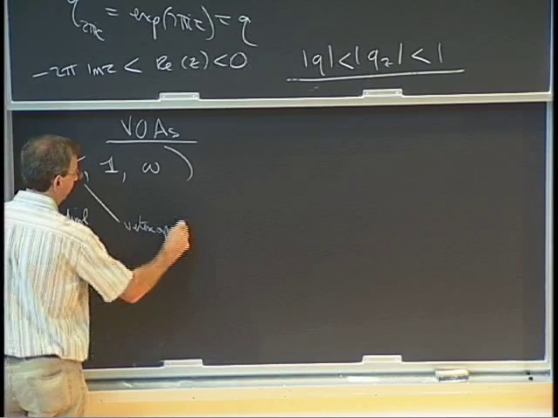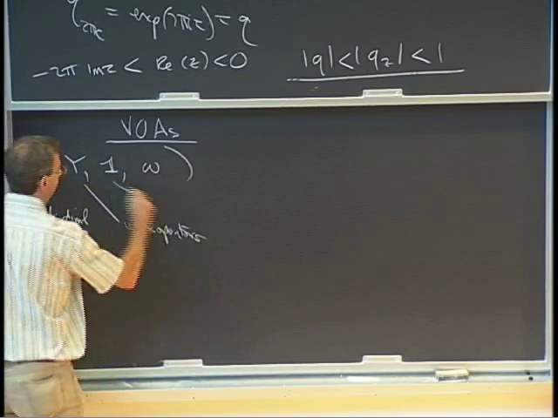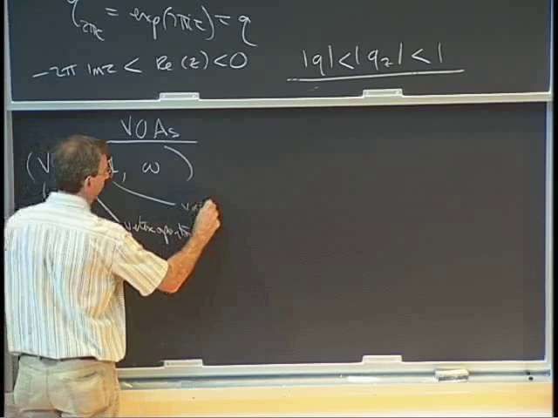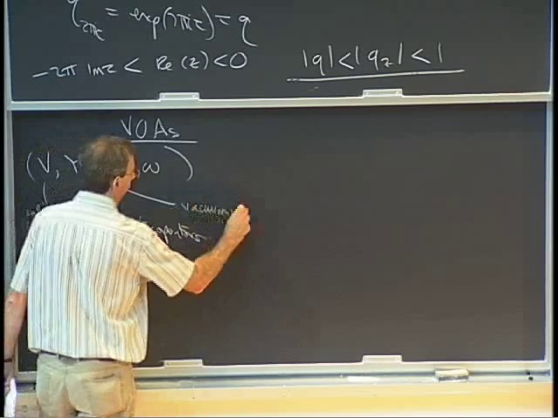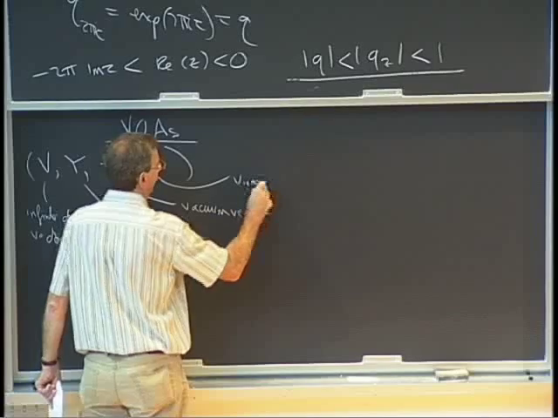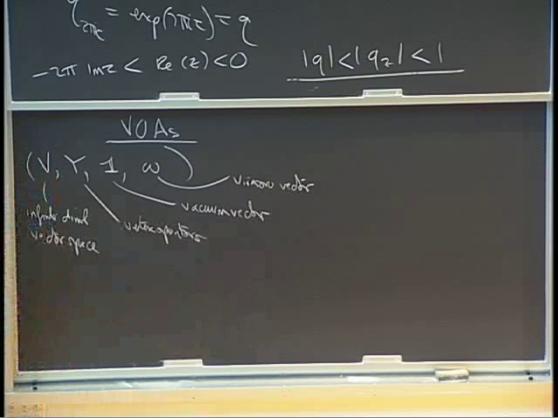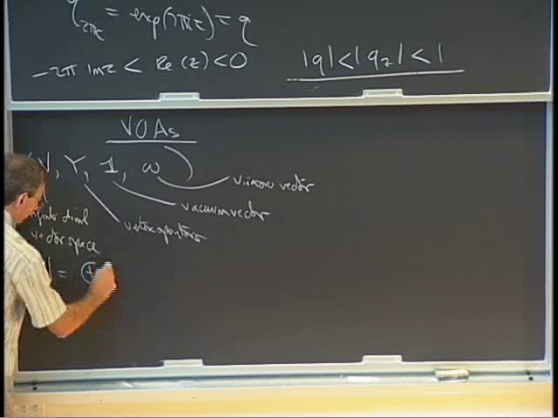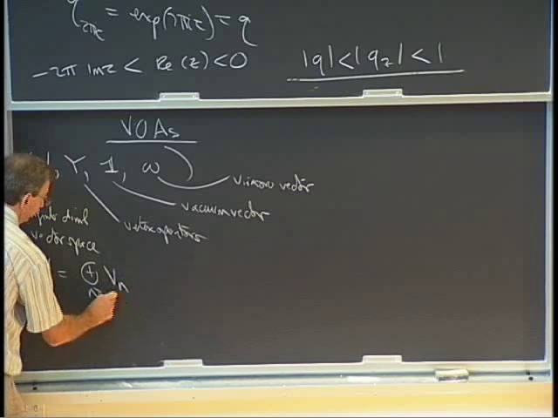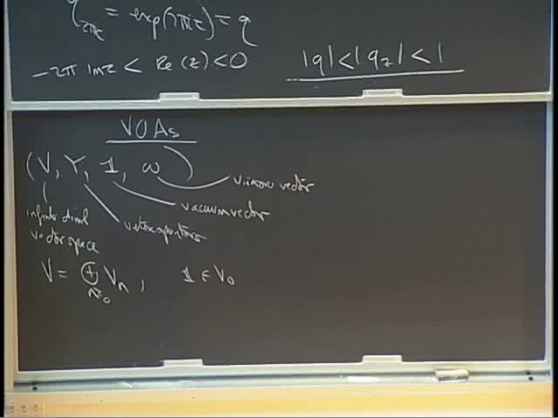I will notate these slightly differently from the way Jeff did, but it's a trivial change. This is the vacuum vector. And this is called the Virasoro vector. Okay, so V has this infinite grading, and the vacuum vector is contained in V0.